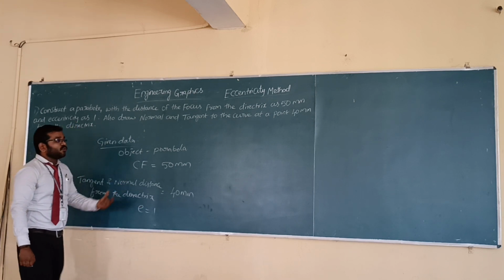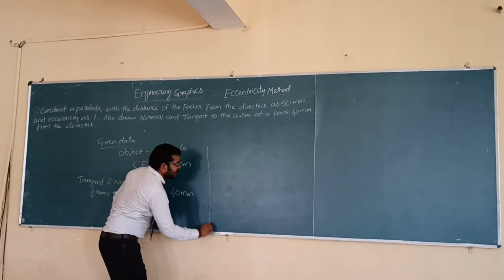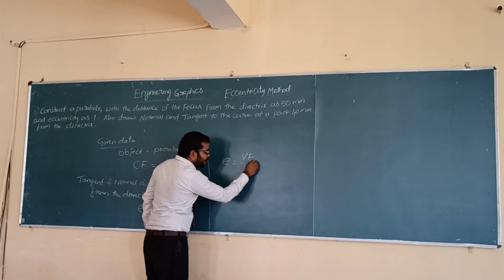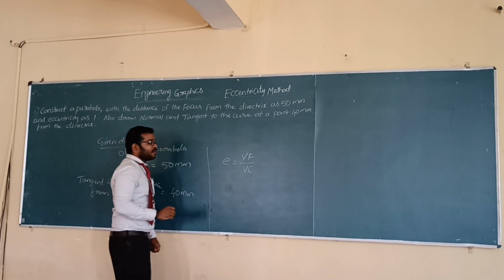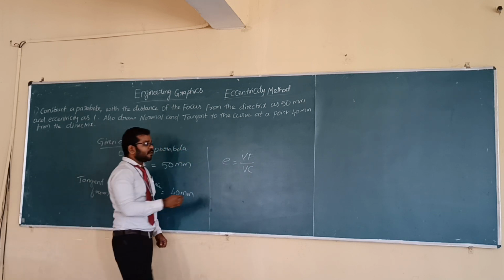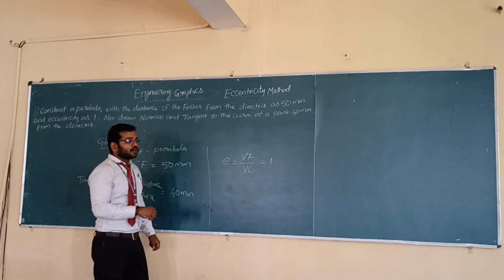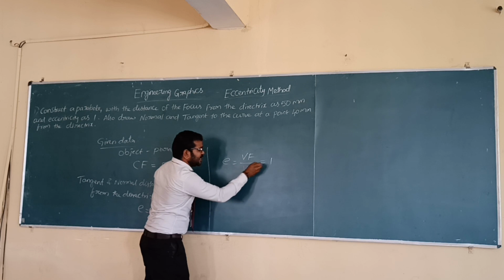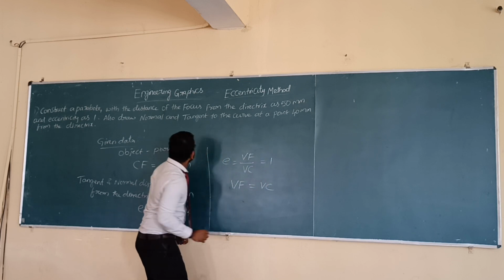Okay, so first, initially we can find out the vertex of the parabola. The eccentricity E is equal to the distance of vertex to focus, VF, by the distance of vertex to directrix, VC. This is the eccentricity ratio formula, and the eccentricity of a parabola is equal to 1. So VF by VC is equal to 1, so VF is equal to VC.